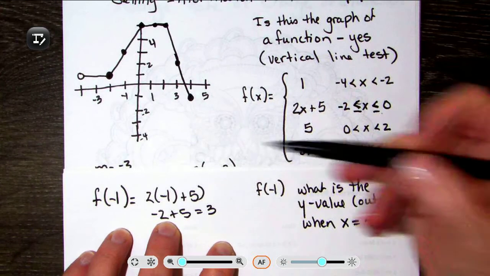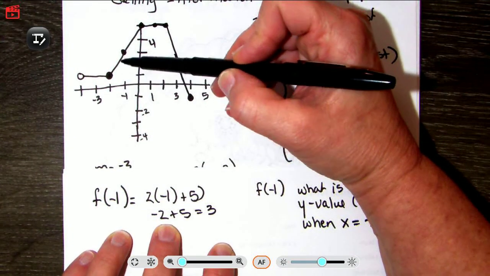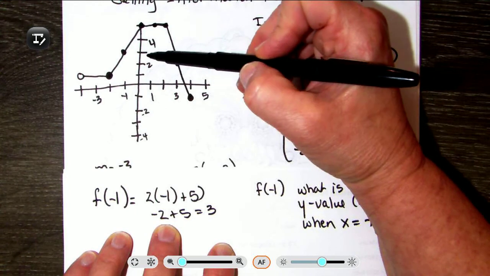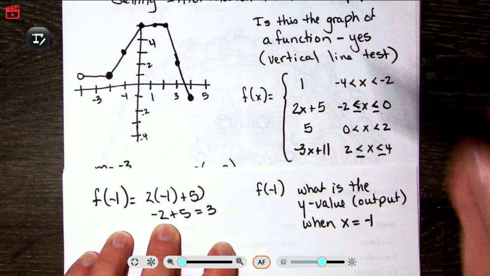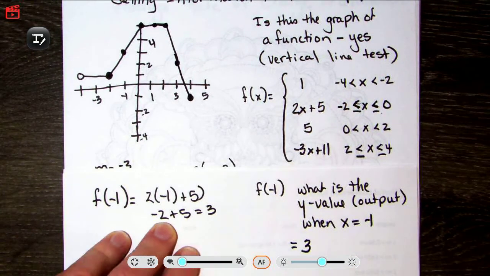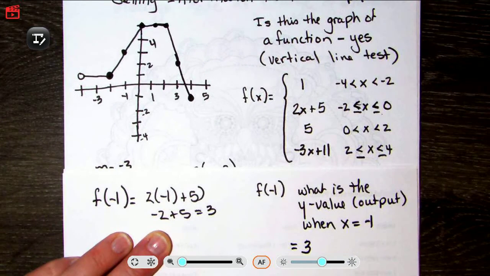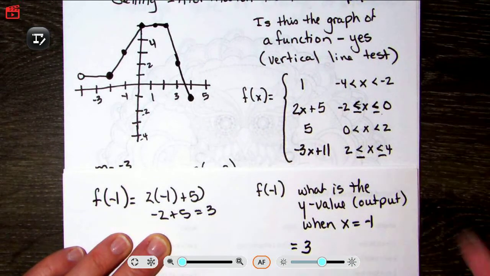So we could go to the graph. Here's x equaling -1, and we want to find the graph at that point. And notice we get that our function value is 3. So again, we get that it is 3. This is also a way to kind of check to see if our formula looks right.